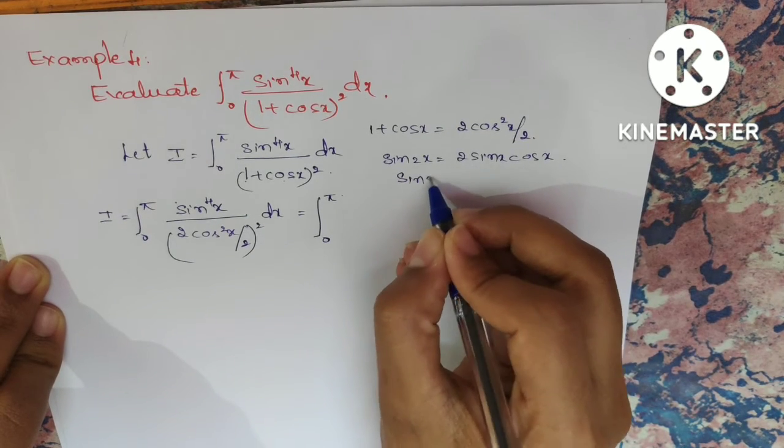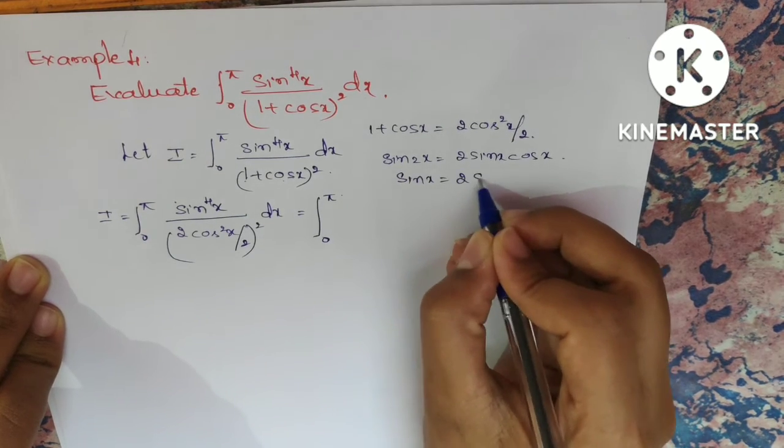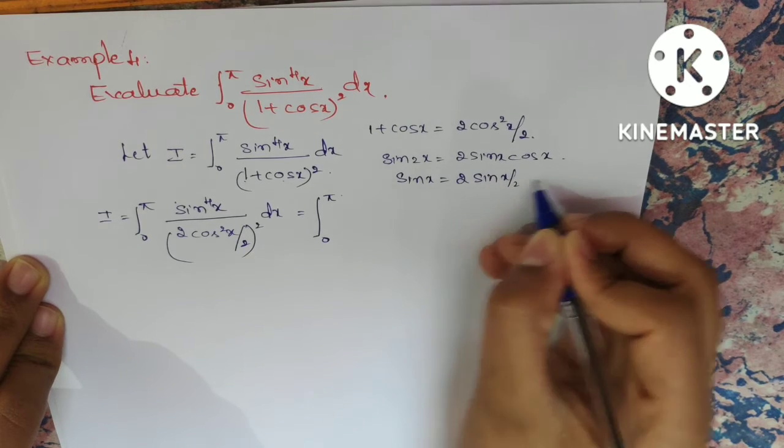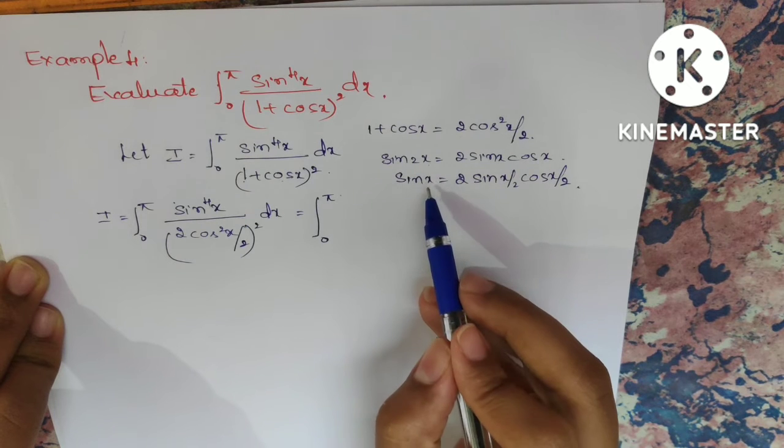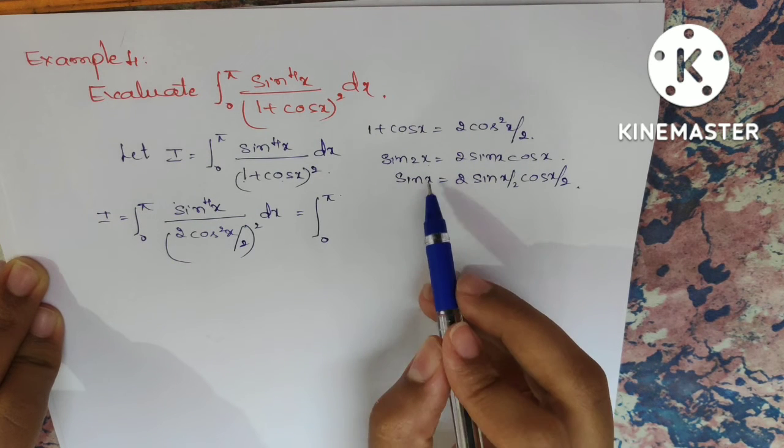Then sin x will be 2 sin x/2 cos x/2. So in place of x, I am writing x/2. The 2 will get cancelled.